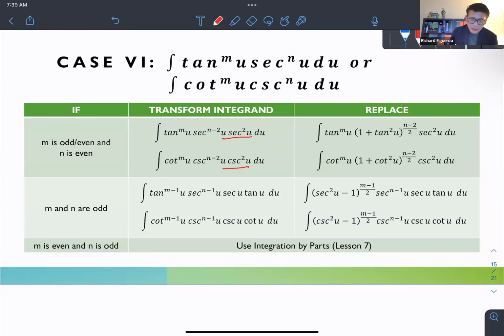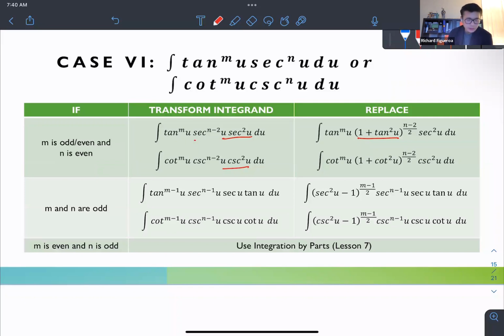What we subtracted, we replace with 1 plus tangent squared. So when n is even, whether the power of tangent is odd or even, as long as secant is even, that is the same as case 5.